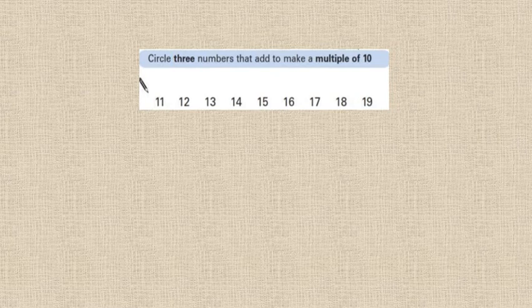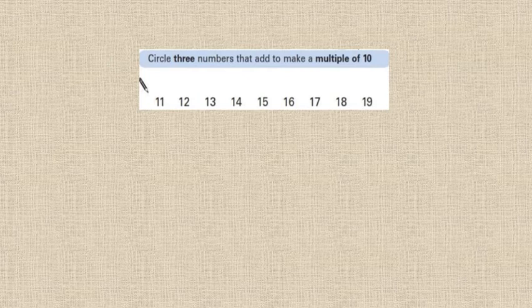So any number that ends with 0 is a multiple of 10. Remember the divisibility rules, when we talked about divisibility by 10. We said that any number ending in 0 is divisible by 10. So it's the same thing here.